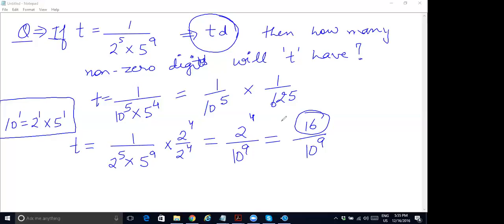Basically, you are minimizing. Your objective should always be to reduce calculation, and calculation can be reduced only by making the denominator a value which has zeros only. Okay. I have to learn this.